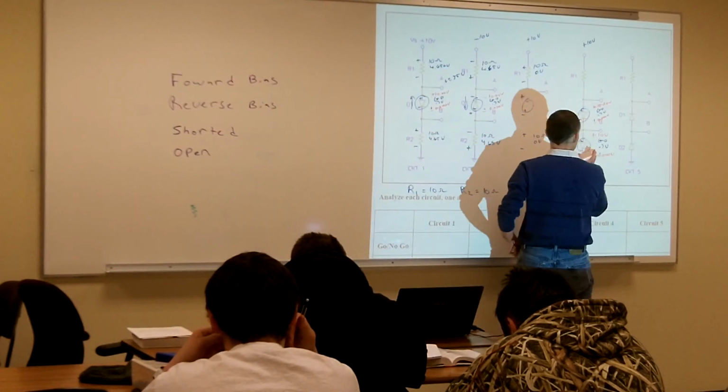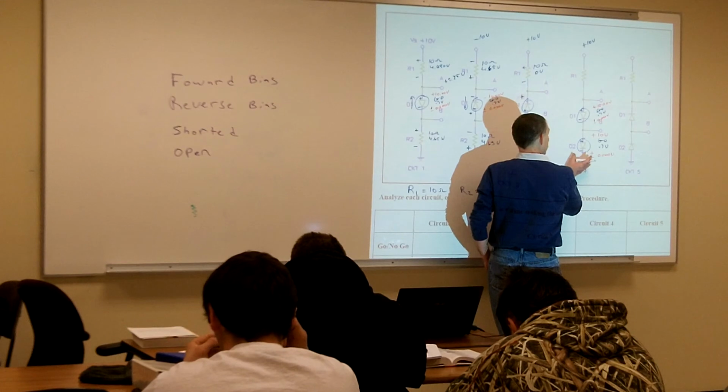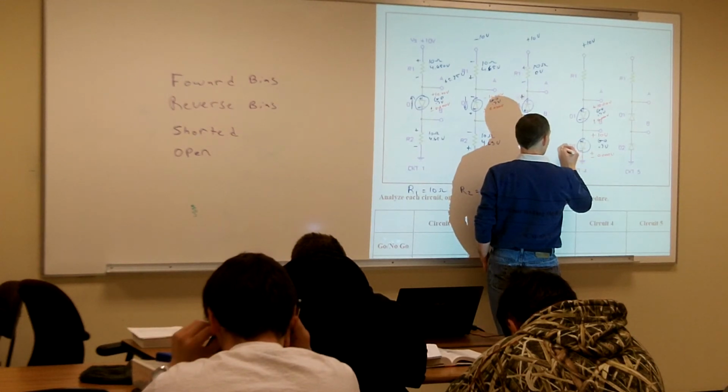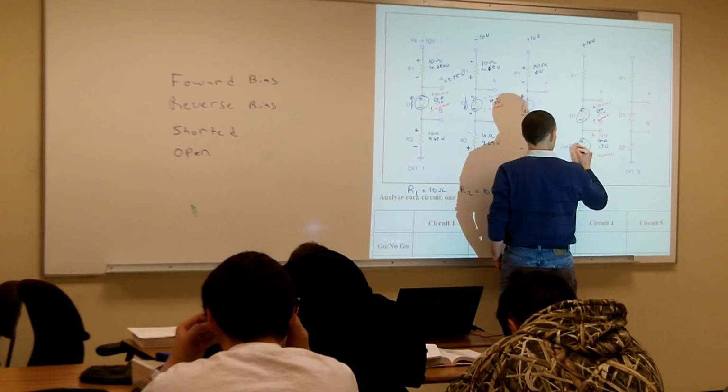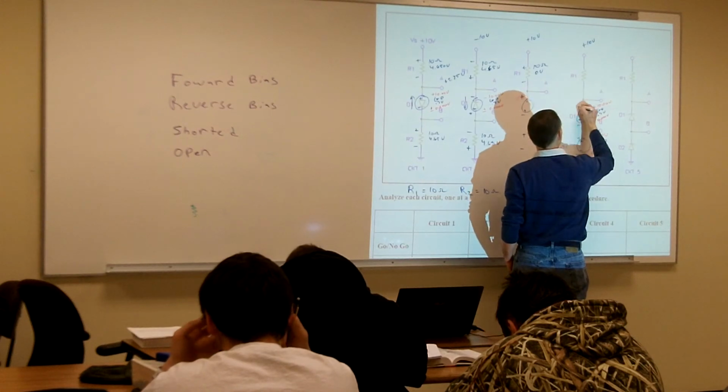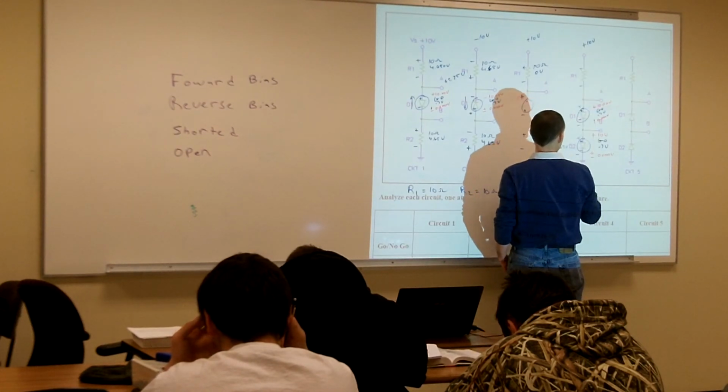So we know that diode 2 here is going to drop its 0.7 volts. The current is going negative, positive. So we know that our current is flowing this way.